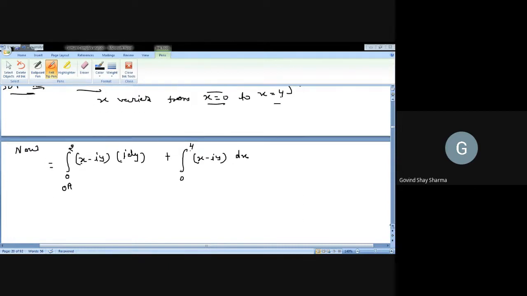Here we put the values of x and y also. For OA, x is equal to 0, so 0 minus iota y times iota dy, plus integral from 0 to 4, where y is constant 2, of x minus 2 iota dx.